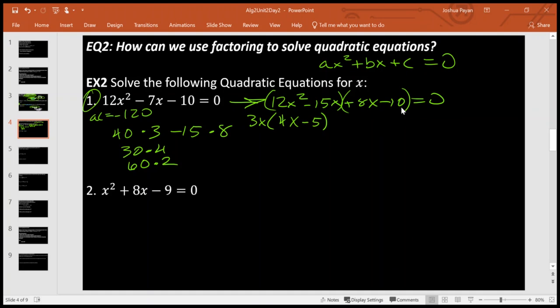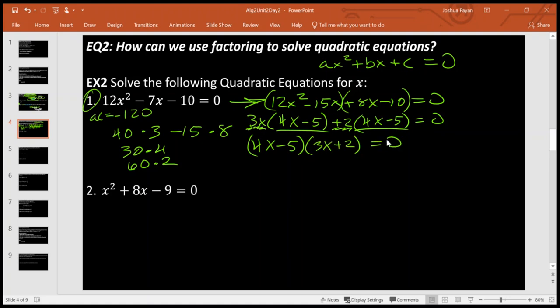On the right, I can factor out a positive 2, so a plus 2, leaving me also with 4x minus 5. Again, that's always a good sign that we're going the right direction when those two match. So that means my GCF is those two matching binomials. So I'm going to factor out that binomial they both have in common. And that's going to leave me with the 3x plus 2.